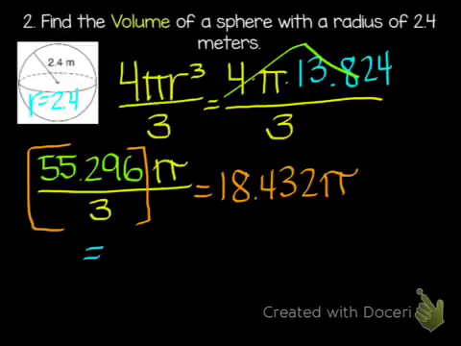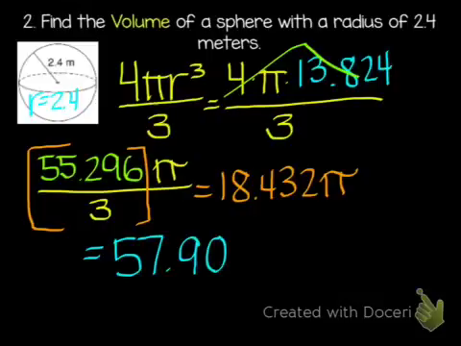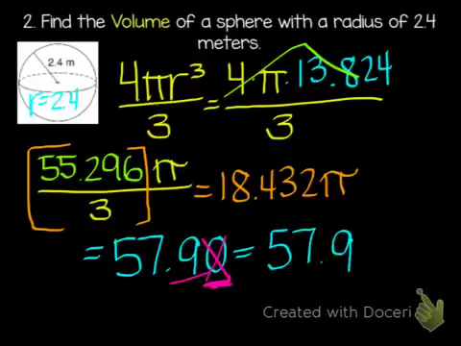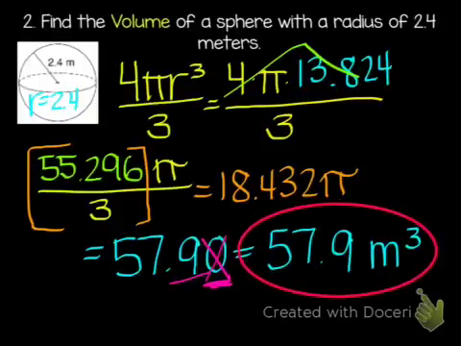This actually comes out to 57.90. That's kind of odd. Obviously this one's another easy one to see. 0 is not bigger, so this just stays as 9. So our final answer for our volume is 57.9 meters, and volume is always to the third power.